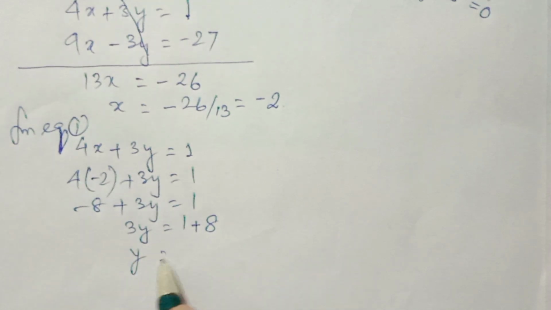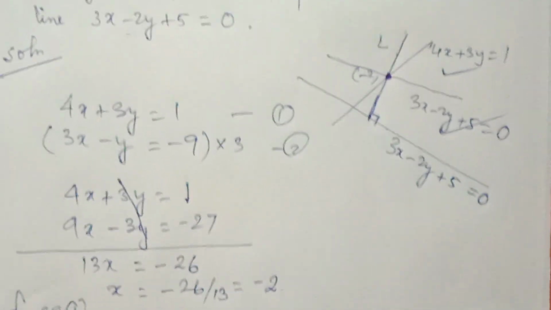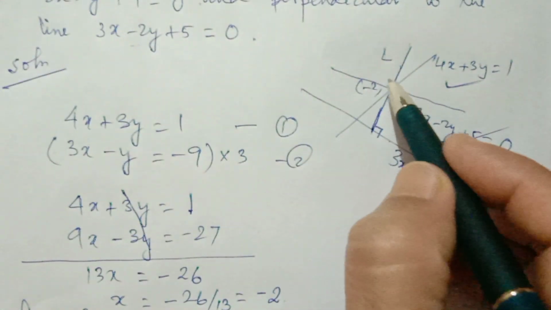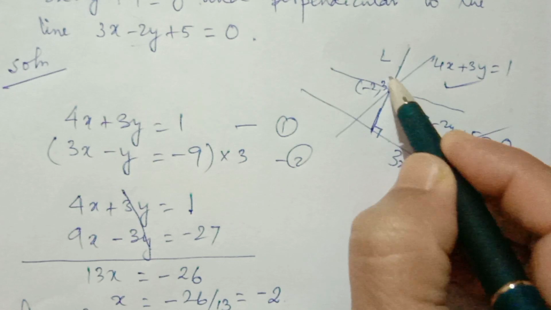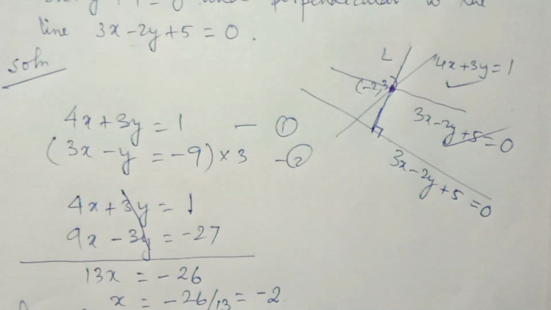Then 3y equals 9, y equals 9 over 3, that is 3. Then the required point is minus 2, 3. Now we have got the point through which this required line will pass.